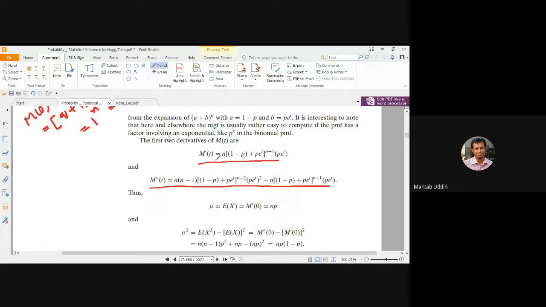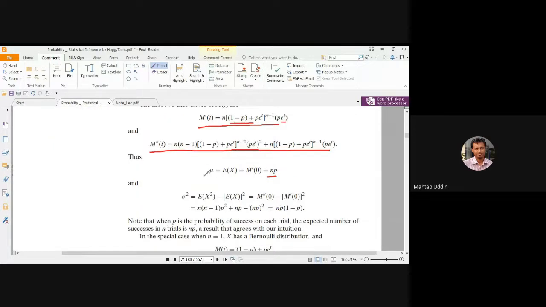Just put mu, that is the mean, equal to m prime 0. If you put t equal to 0 here, you'll get np only, because here it will be 1, so only np will remain. Once again, sigma square is equal to m double prime 0 minus m prime 0 whole square.